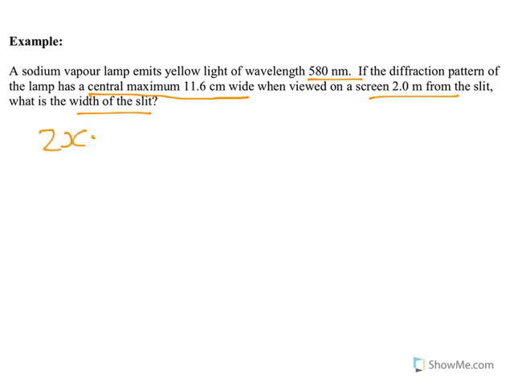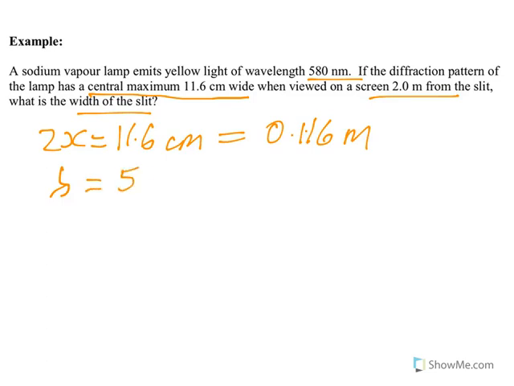Alright, so we know that 2x is equal to 11.6 centimetres. Now, of course, you're all saying that needs to be in metres, so that's 0.116 metres. The wavelength, 580 nanometres. Nano is 10 to the negative 9. And L is 2.